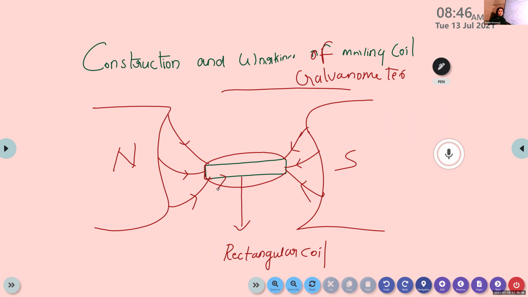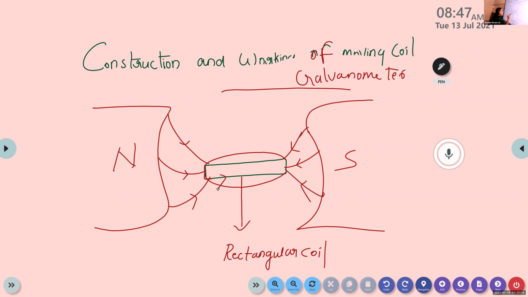When a current I is passing through the rectangular coil, it experiences a force and undergoes a rotation.